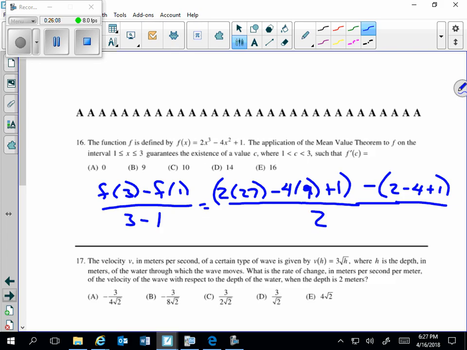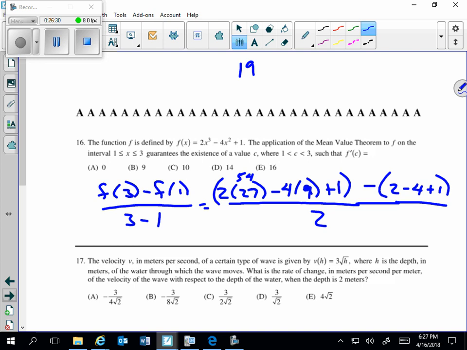Make sure you have them also. So I get 54 minus 36, which is 18, plus 1 is 19. Sorry, my writing is horrible. 19. We'll check. 54 minus 36 is 18 plus 1 is 19.